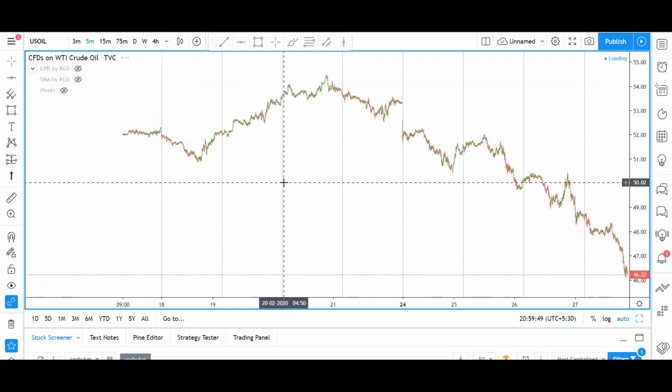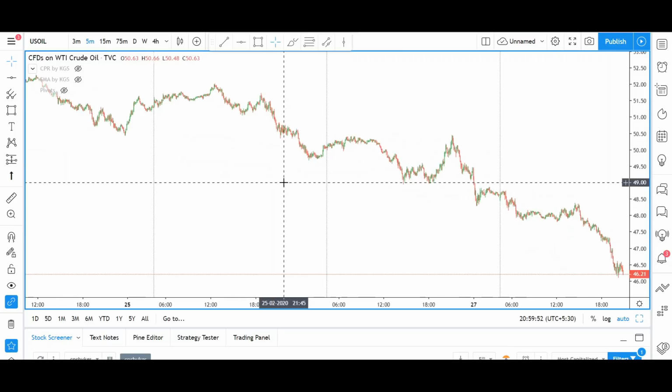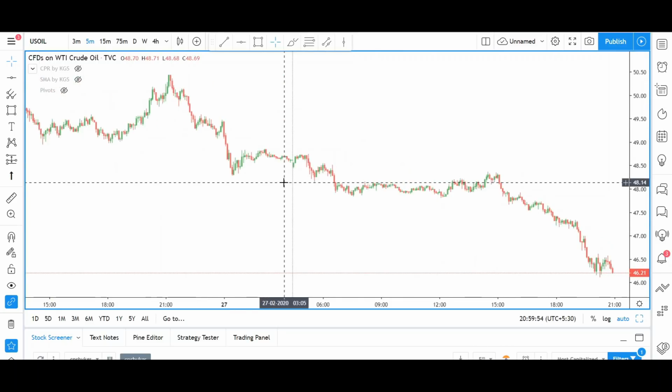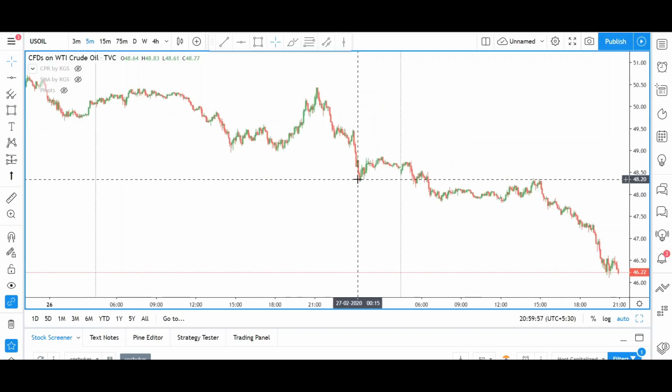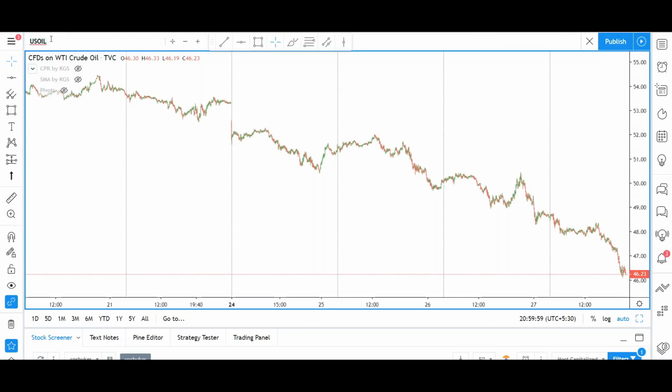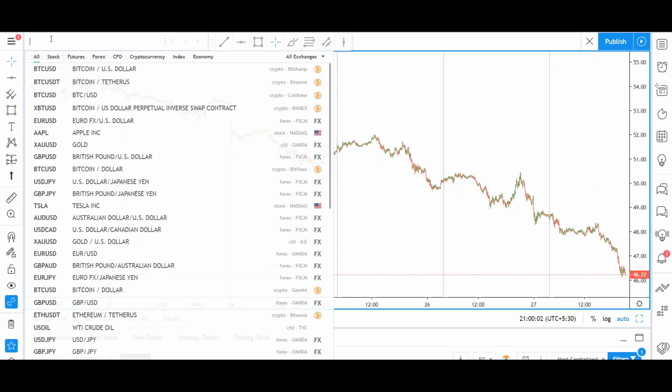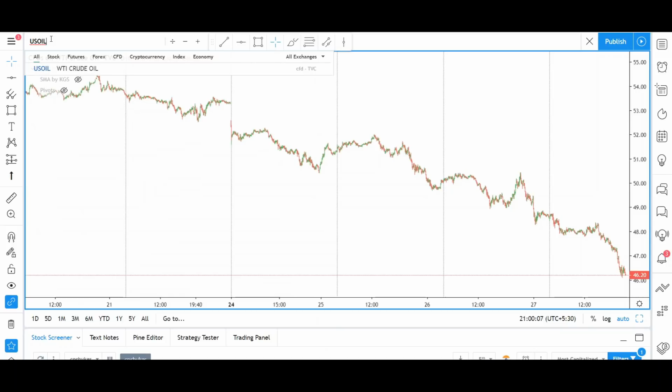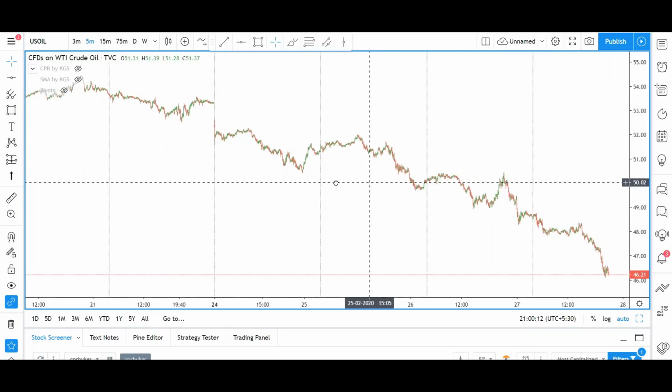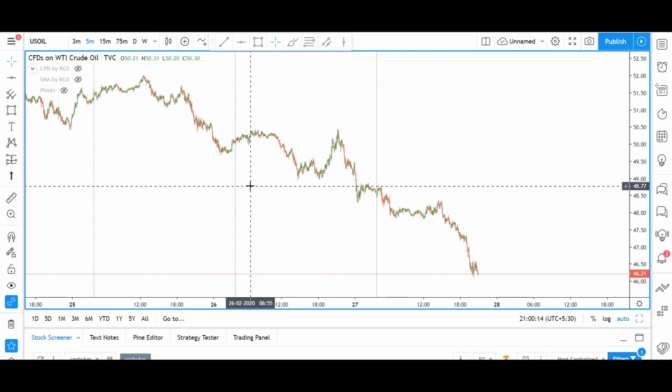What I suggest is that everybody watch US oil. Don't watch MCX crude oil. Watch US oil. You can go to the TradingView chart and type USOIL. This is crude oil, so click on it. This is the chart you should see for crude oil, and you should take positions in MCX crude oil based on it. Another important thing: MCX crude oil is not available in TradingView.